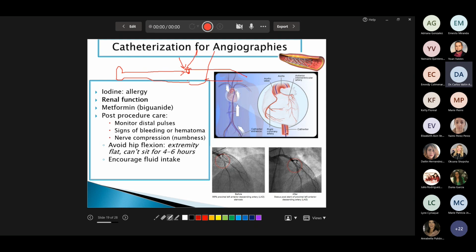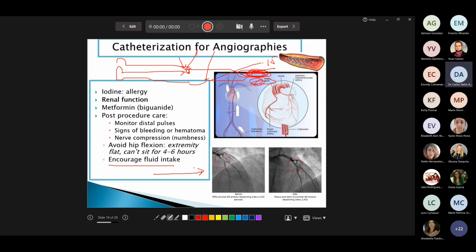So the patient needs to be recumbent, with only 10 to 15 degrees of elevation, and needs to be in this position for some hours, 4 to 6 hours usually. And during this period, the person needs to drink a lot of fluid.